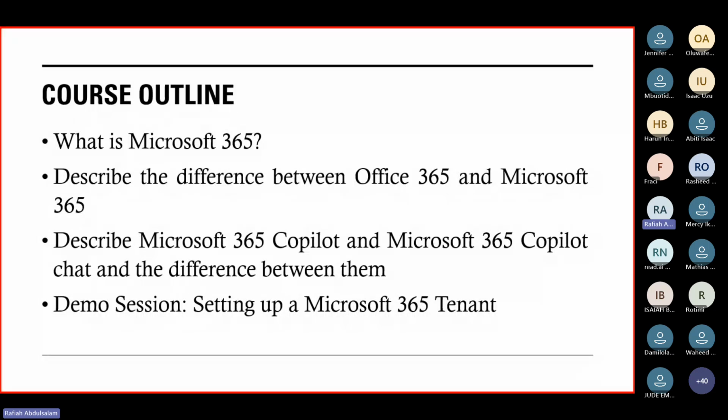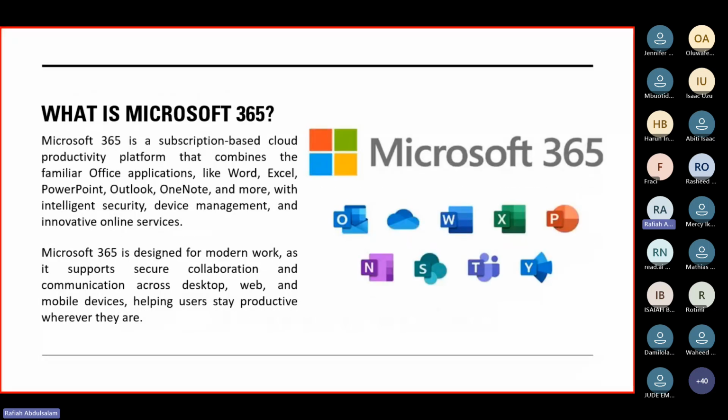Now, what is Microsoft 365? Like I said, it's a paid subscription. You have to pay to be able to use Microsoft 365. Even though at the point of signing up, you have the option to get a trial license or trial subscription, trial in the sense that for that period you don't pay, which is usually 30 days.